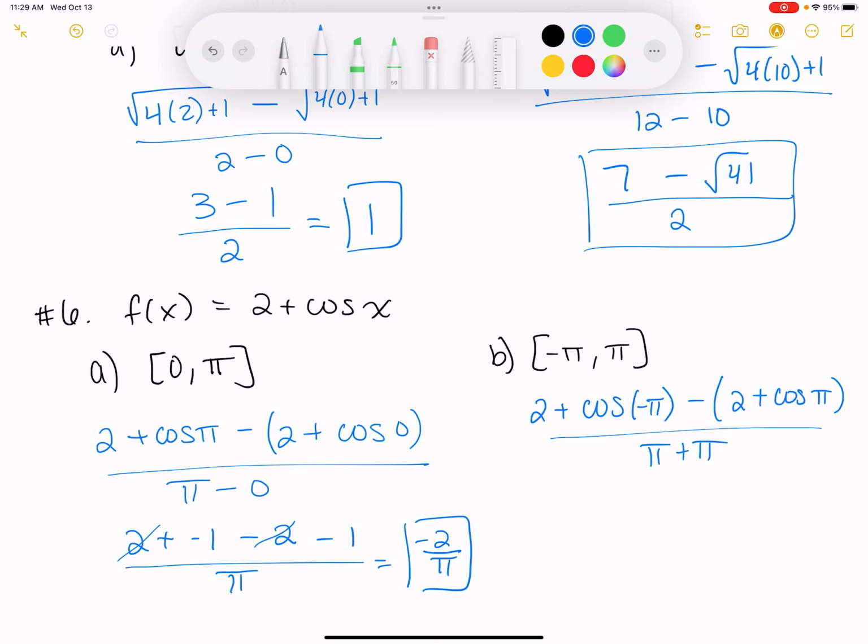All right, so cosine of negative pi. Still negative 1, because all you're doing is taking the unit circle and going backwards for the negative pi. So still negative 1 minus 2 cosine of pi.